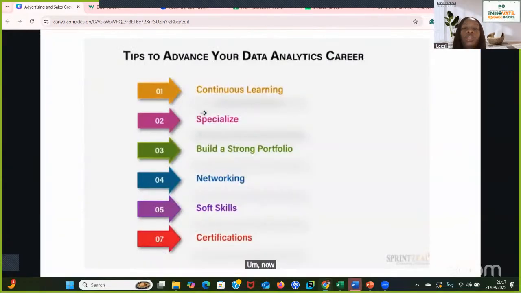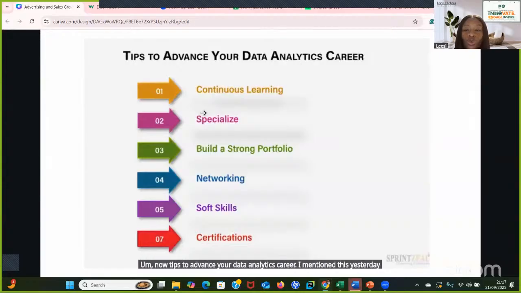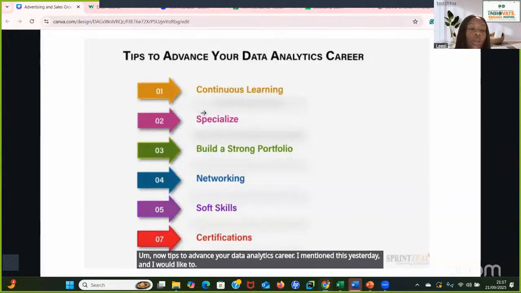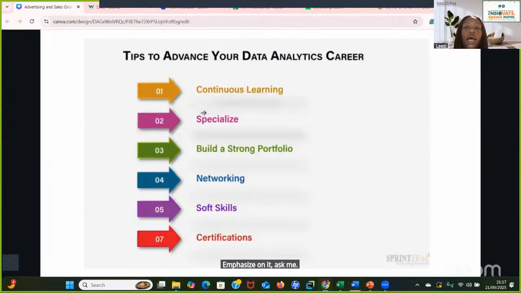Now, tips to advance your data analytics career. I mentioned this yesterday, and I would like to emphasize it as we close. I don't know if Samuel is here. I would like him to unmute his mic and tell us his experience navigating into the data space and how continuous learning, building a portfolio, networking, and having mentorship helped him.